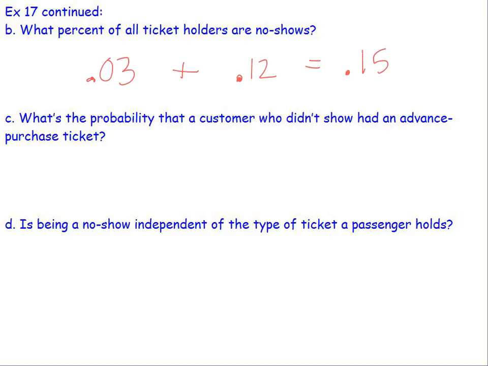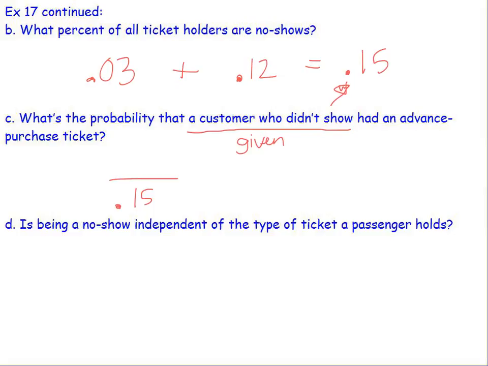Now let's look at the next one. What's the probability that a customer who didn't show had an advance purchase ticket? Now we're not looking at all ticket holders. We're only looking at a customer who didn't show. That is now our given, which means it goes on the bottom. We just answered the no-shows right here, so that's 0.15.